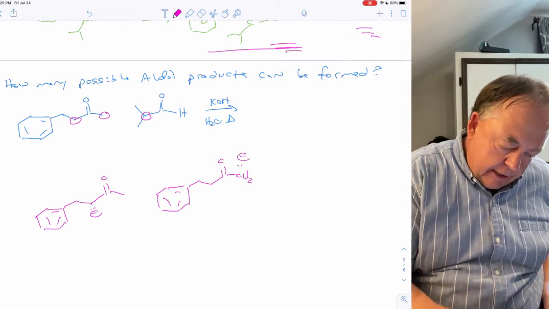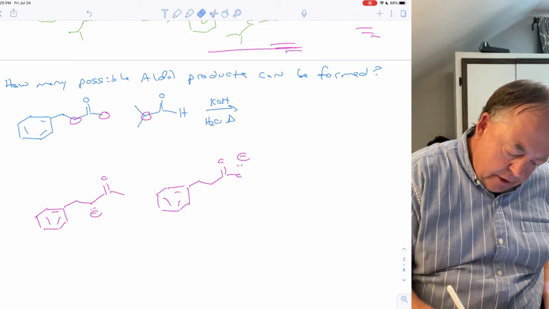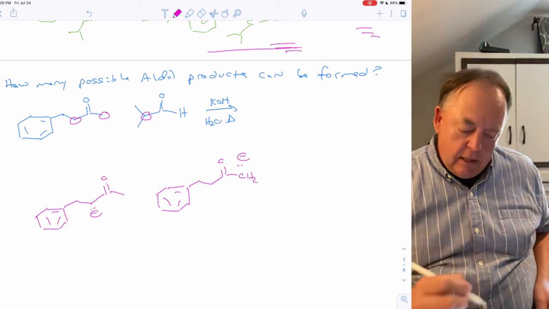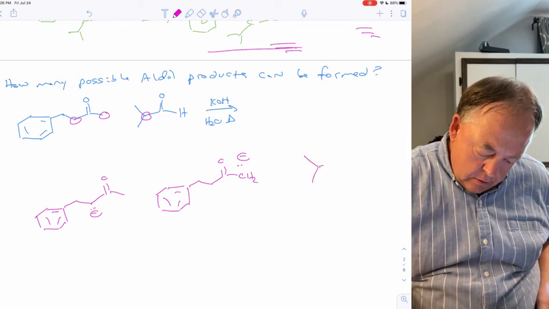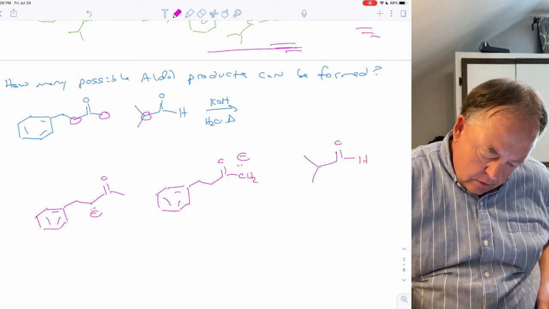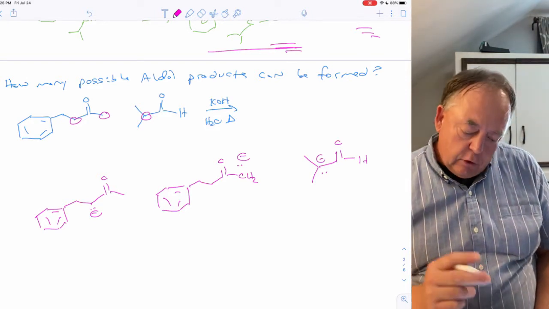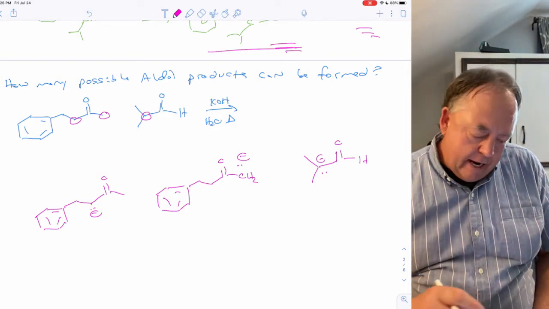Or you could take a hydrogen from the CH3, and you can make that enolate, or you could have made that enolate. So three different enolates, and then what can each one react with?